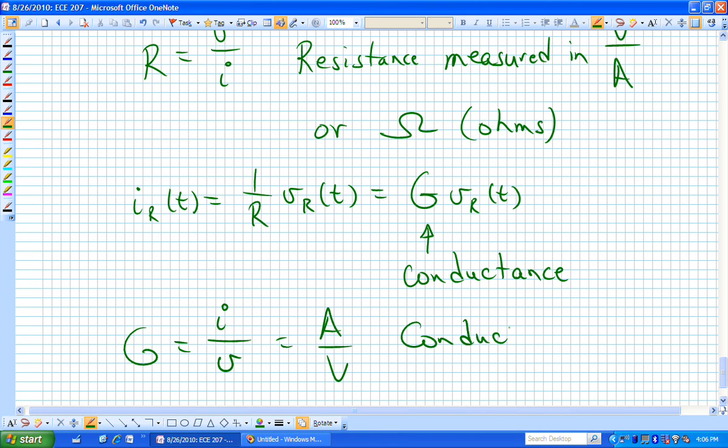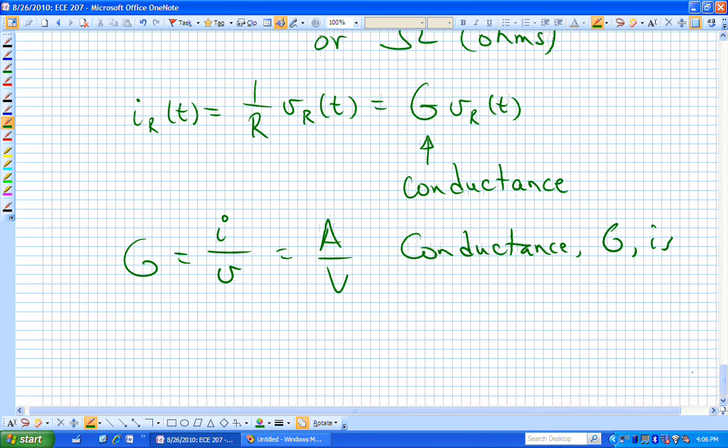That's conductance, G, or it's the inverse of ohms, which is just the mirror image or the upside down of capital omega. And sometimes you'll hear that called mhos.